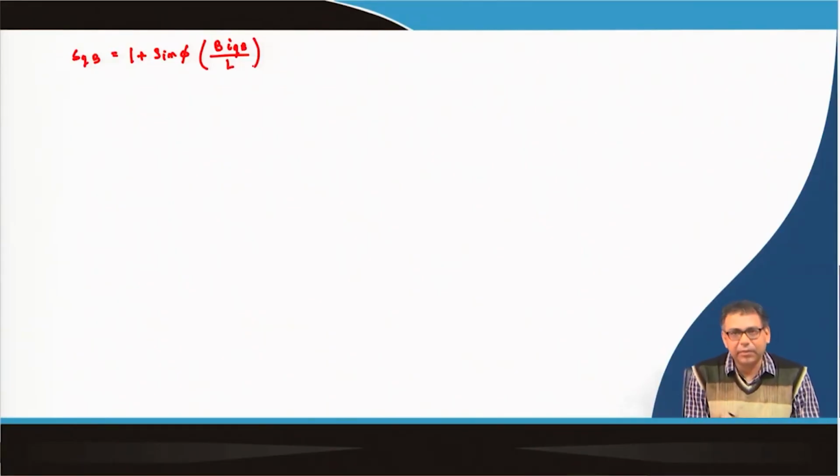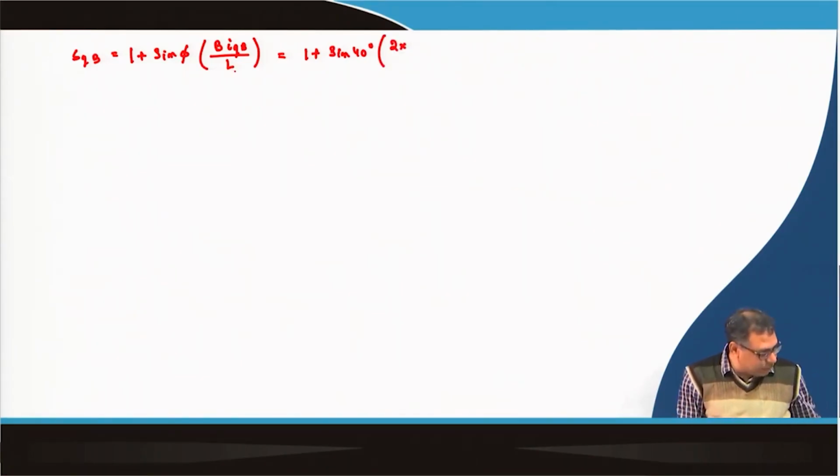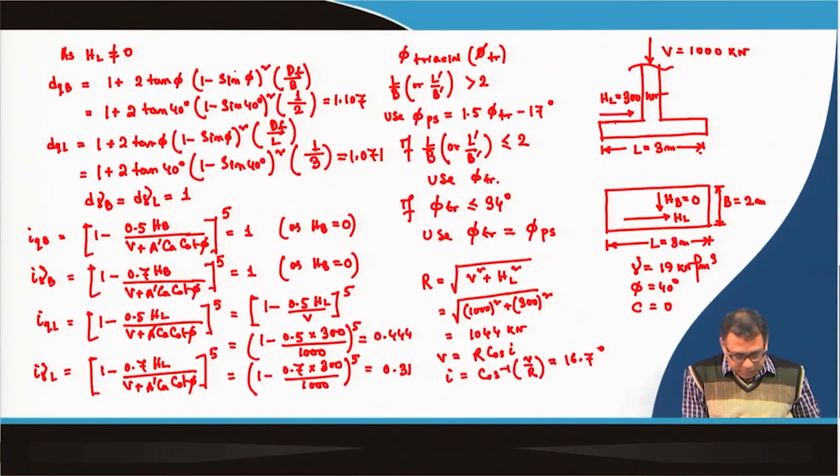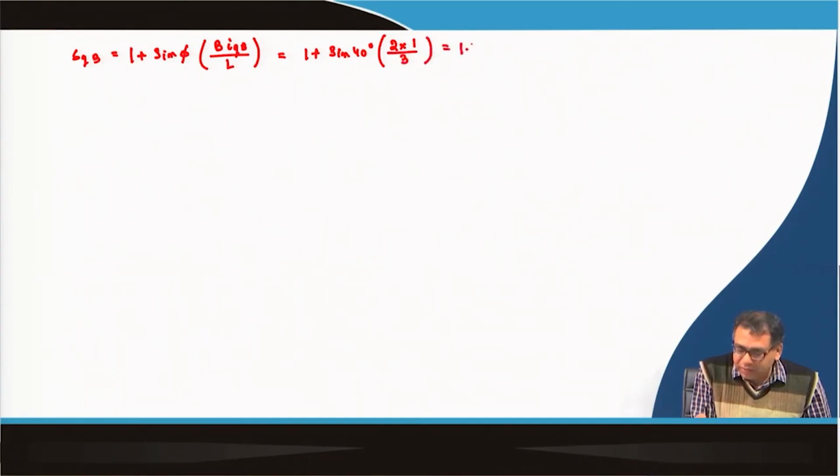But that type of modification is not required for other theories, it is only required for the Hansen theory. So, this is equal to 1 plus sin 40 degree, B is 2, and iQB is equal to 1, i gamma B also equal to 1, L is equal to 3. So, this is 1.43.